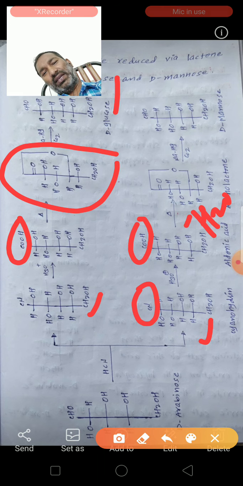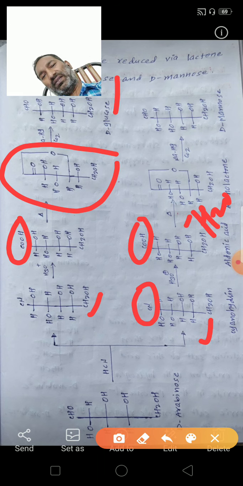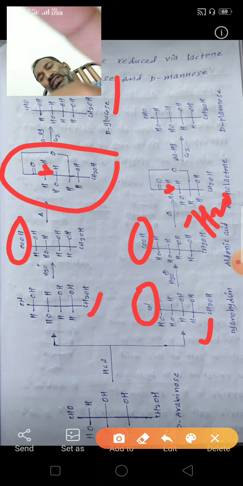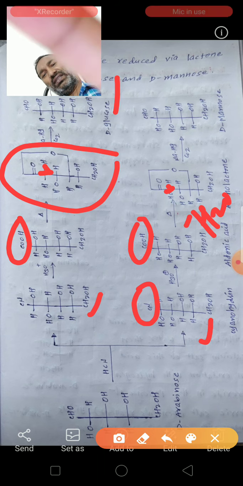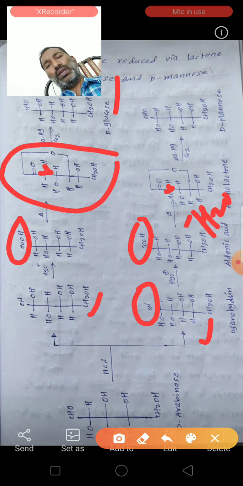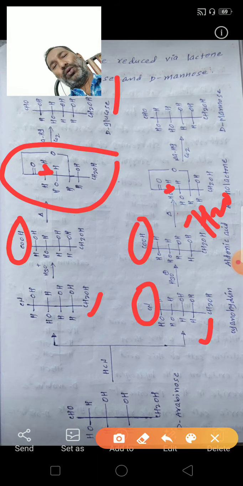Aldolactone or gamma lactone. See here, at this carbon OH is on the right side, at this carbon OH is on the left side. By reduction with sodium amalgam, this aldolactone converts to D-mannose.